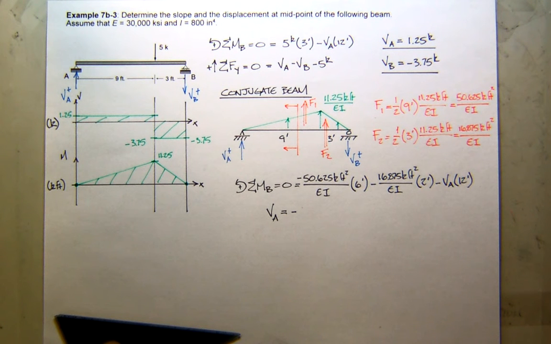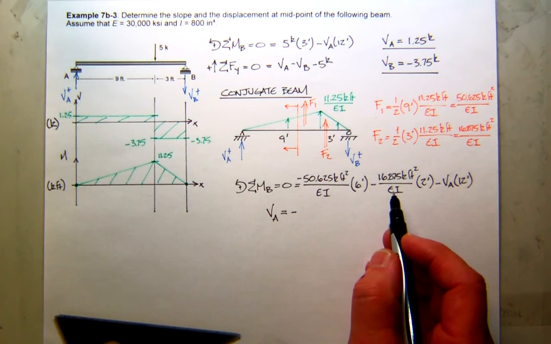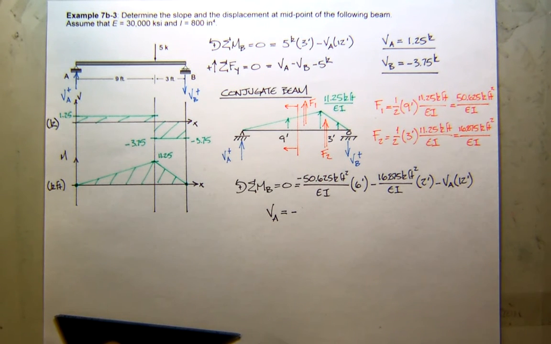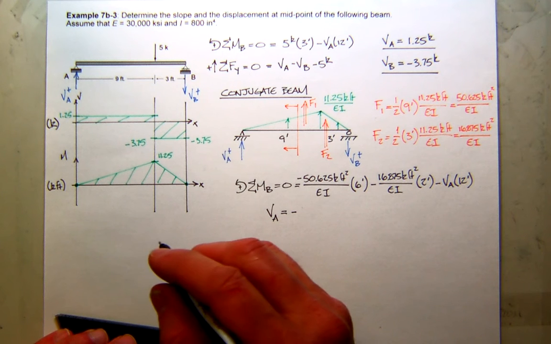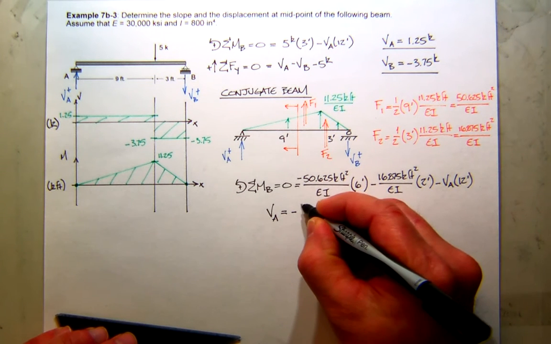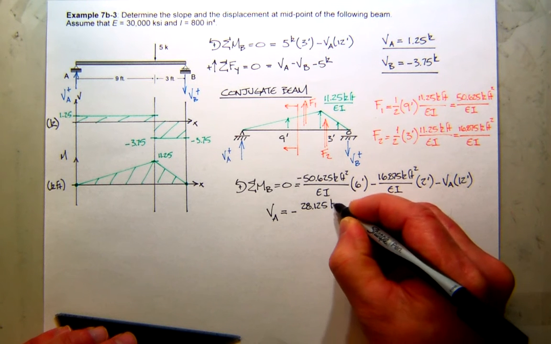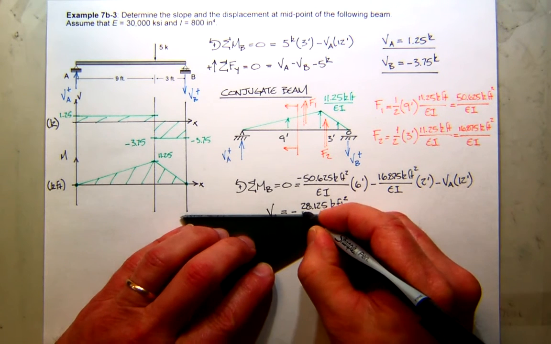That's different numbers. This should give you about 25 something. This should give you something like another 2. I think 28 sounds better. What is the answer? 28.125. Anybody else get that? Yeah, now the heads are bobbing. Okay, great. 28.125, and that will be kip feet squared divided by EI.